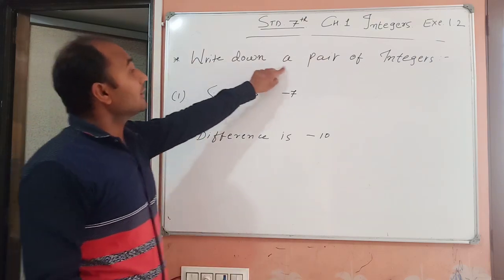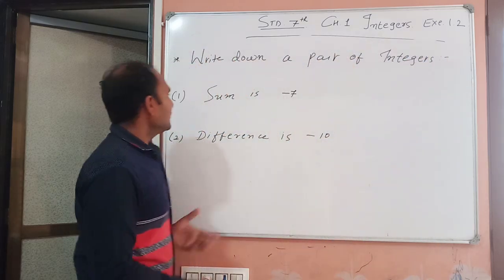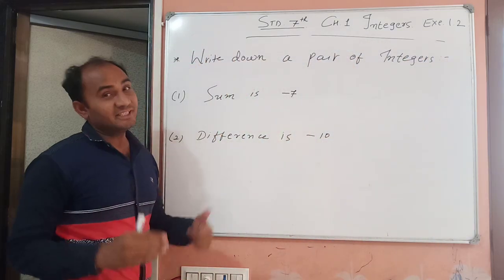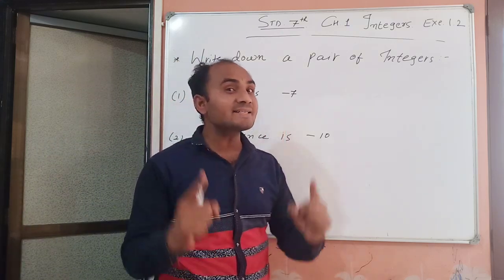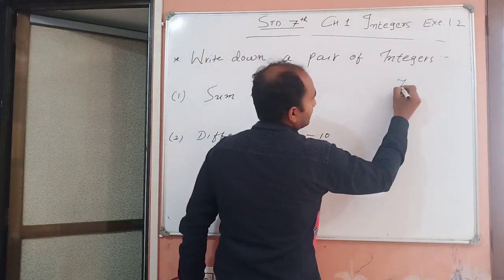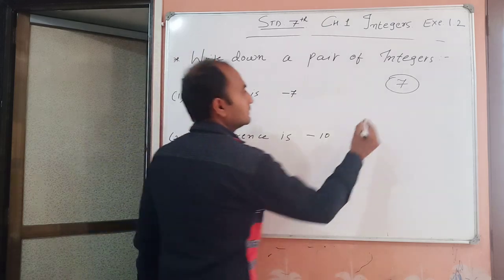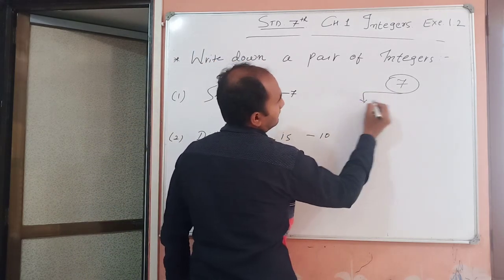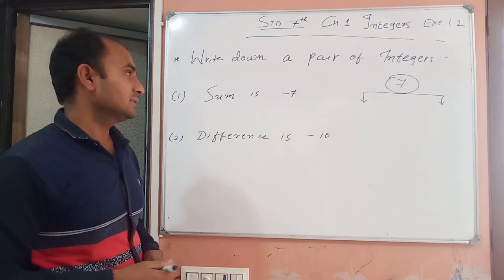Write down a pair of integers whose sum is -7. Here the pair of integers should give the answer -7. So there are 2 possibilities.